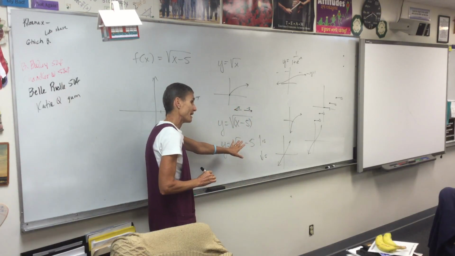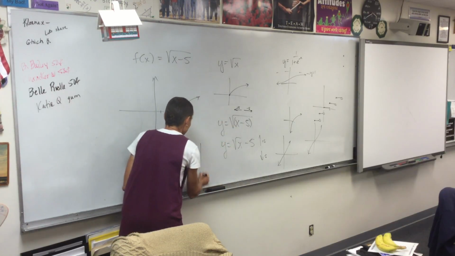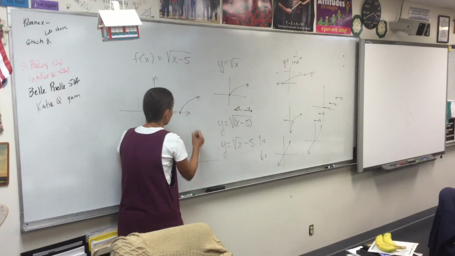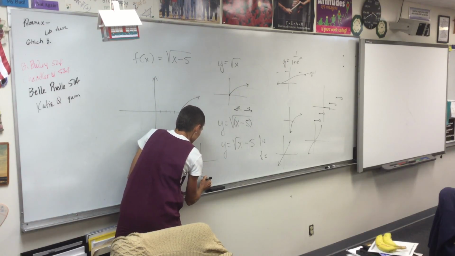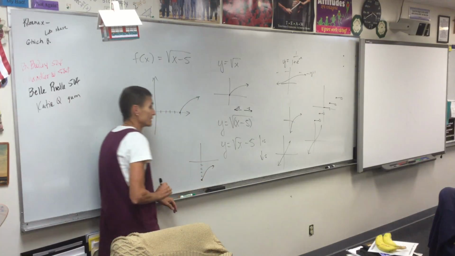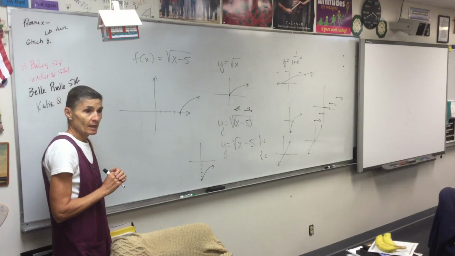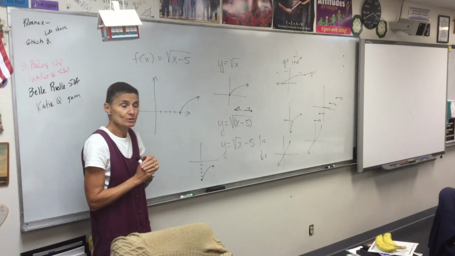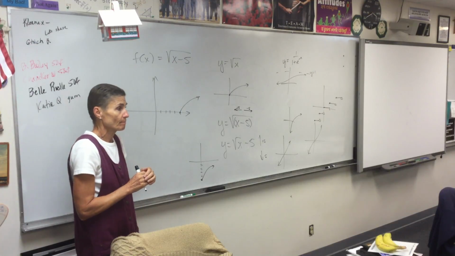And I'm saying 5, it could be any number. So if we had to graph this one, we would take this shape and drop it down 5 units. So it would look like that. Same shape, just repositioned. Adding and subtracting numbers just repositions. You pick it up, put it down somewhere else.